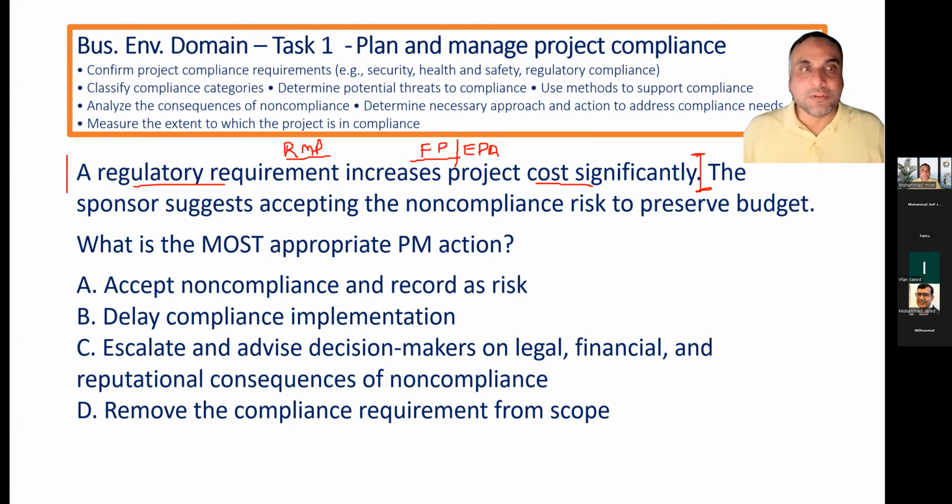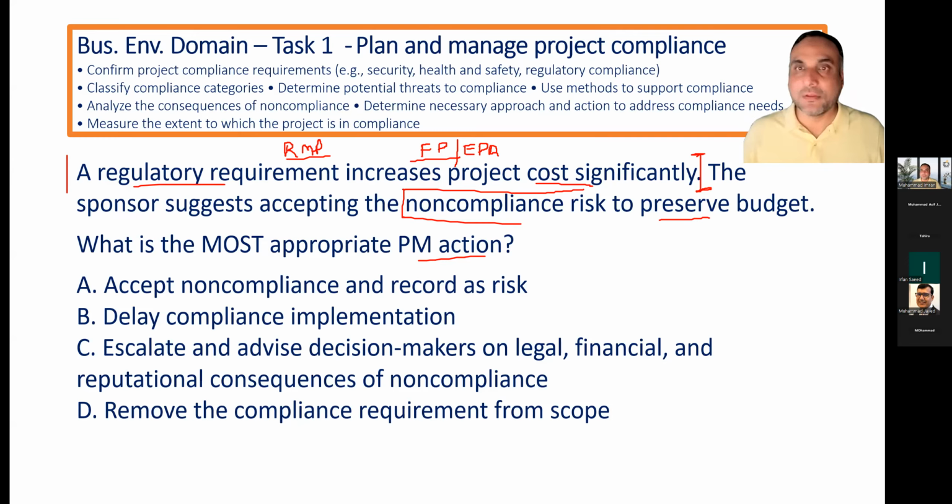Let's go further. The sponsor suggests accepting the non-compliance risk to preserve budgets. Sponsor is saying ignore. What is the action you should take as a PM?